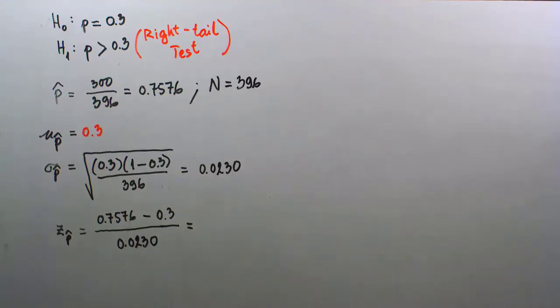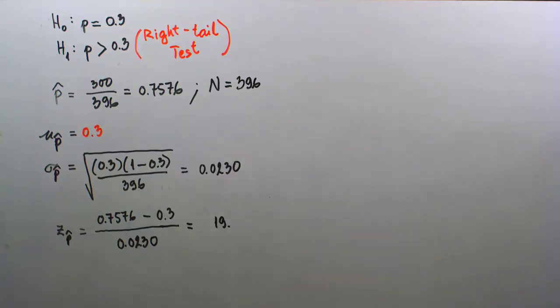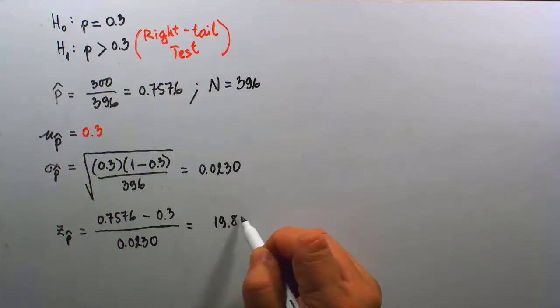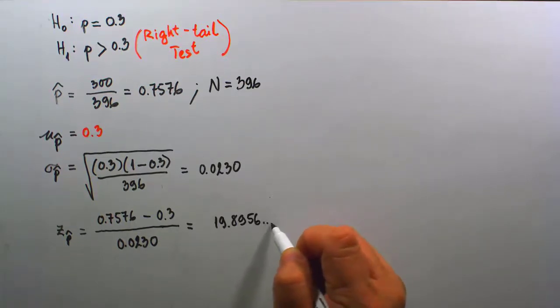The calculation comes out to be 19 point, and a quite long decimal, 8956, and a lot longer, and being a positive value.